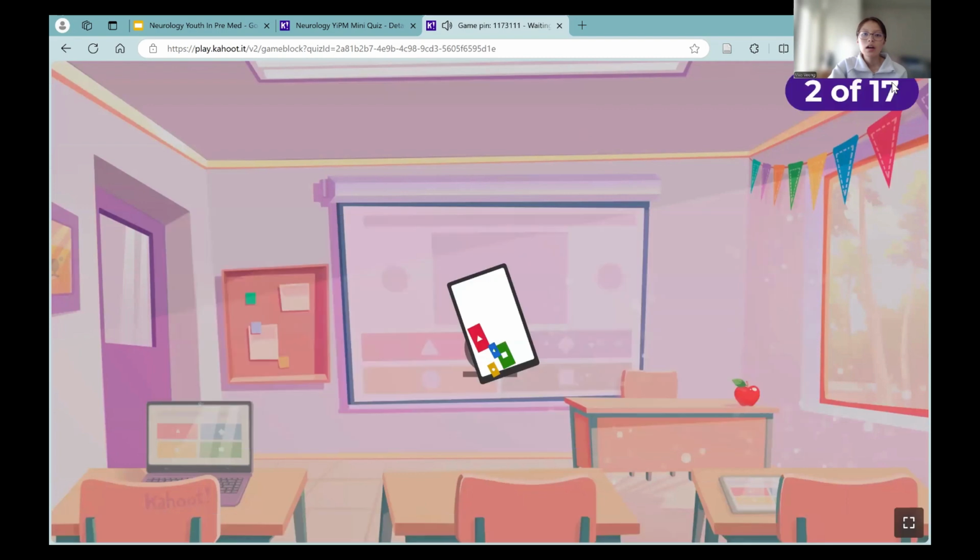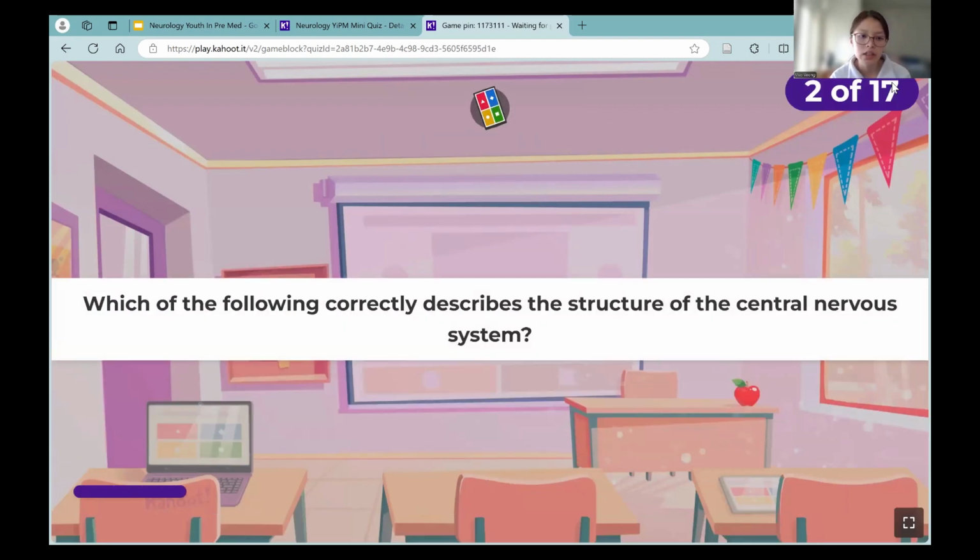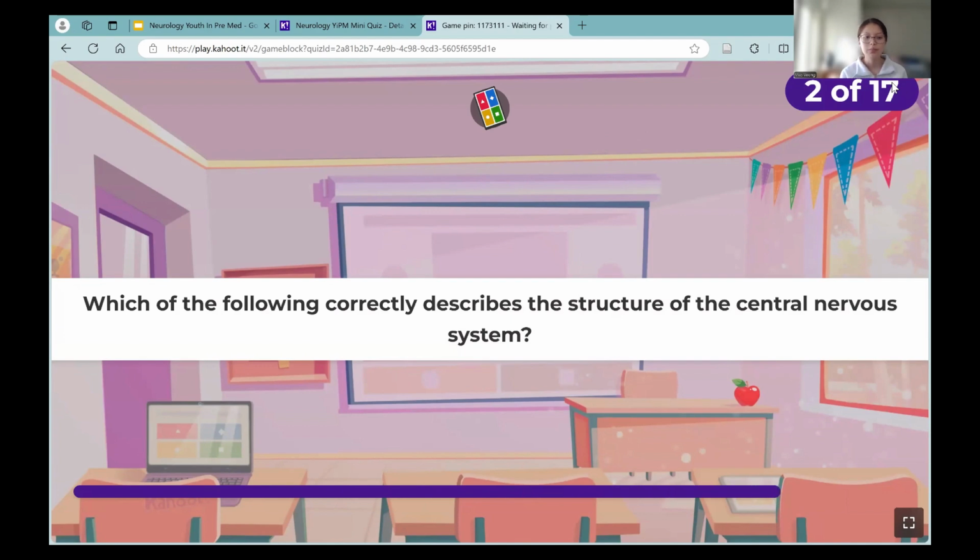Okay. And then next question, which of the following correctly describes the structure of the central nervous system?